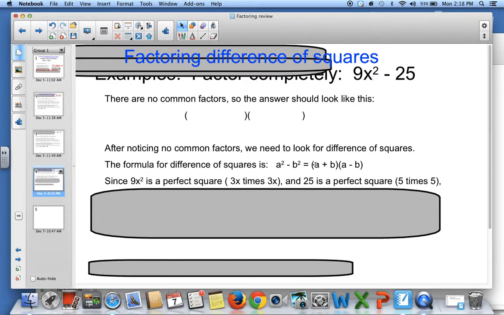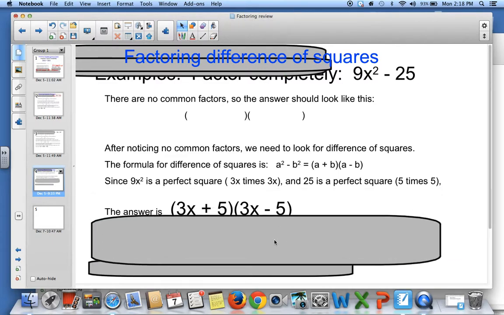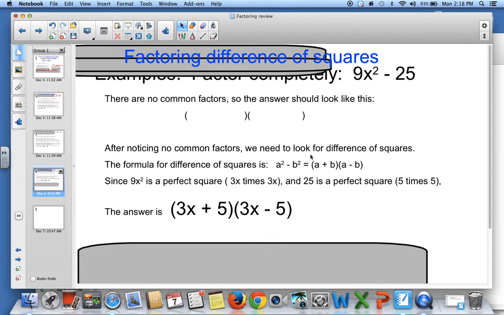And 25 is 5 times 5. So it fits this formula. 3x times 3x, which is 3x squared, minus 5 times 5, which is 25, 5 squared. So then the answer will just be 3x plus 5 and 3x minus 5.